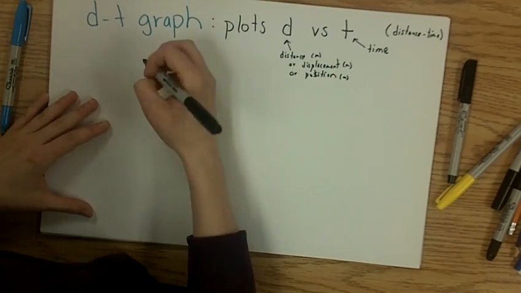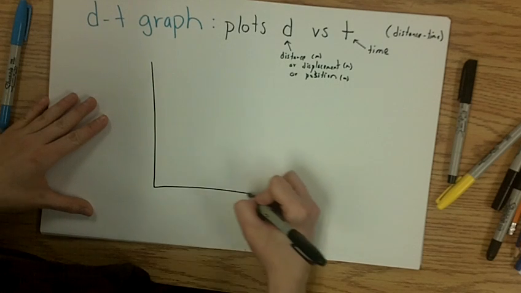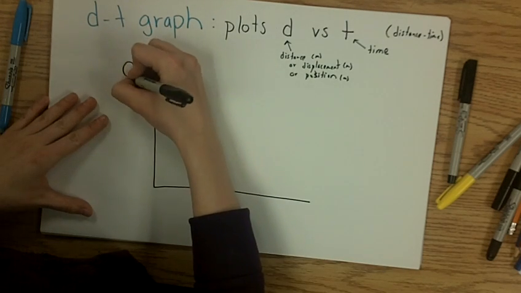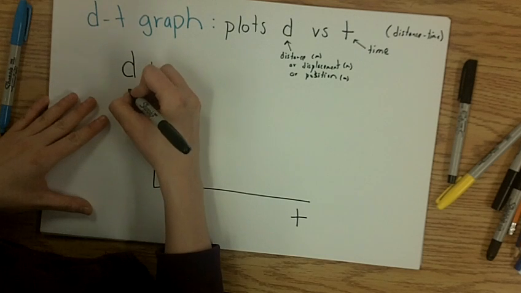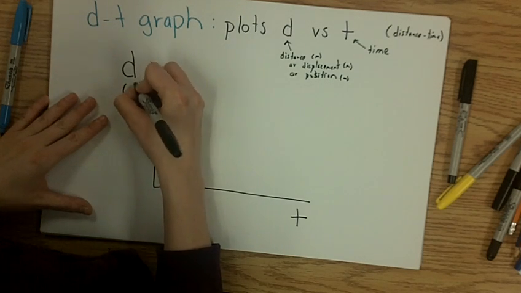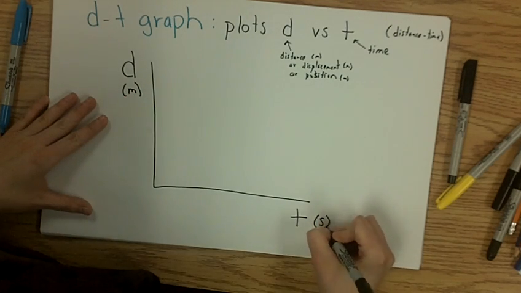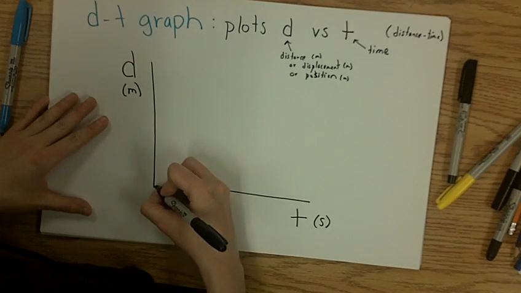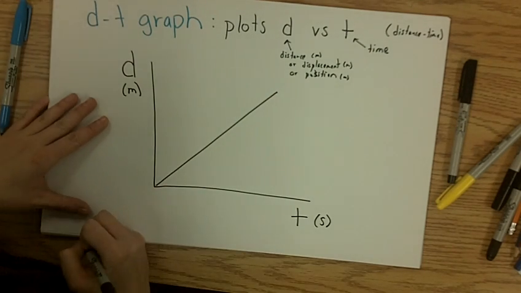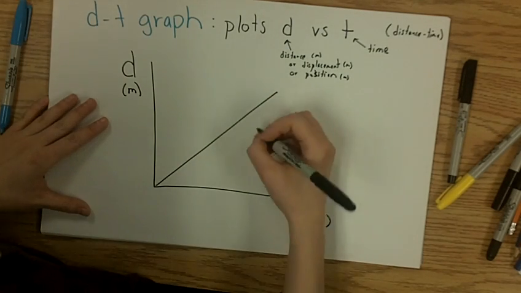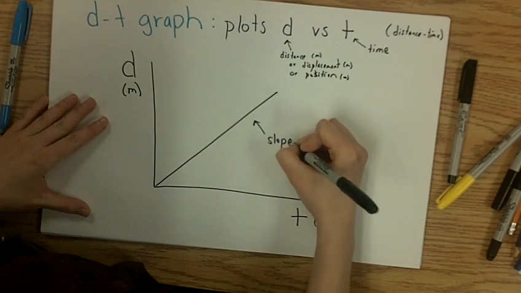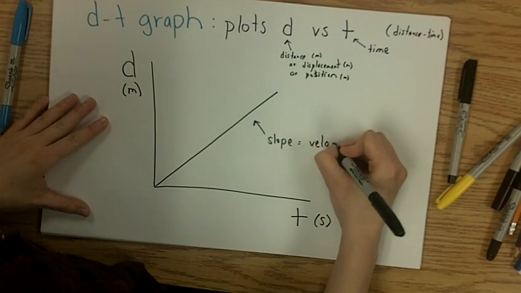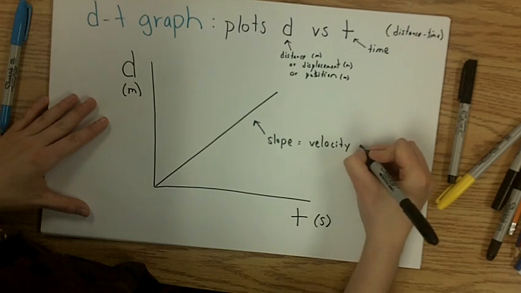A DT graph plots d on the y-axis and t on the x-axis. So here's a DT graph. The slope of a DT graph tells you the velocity of the object being graphed, or the speed.